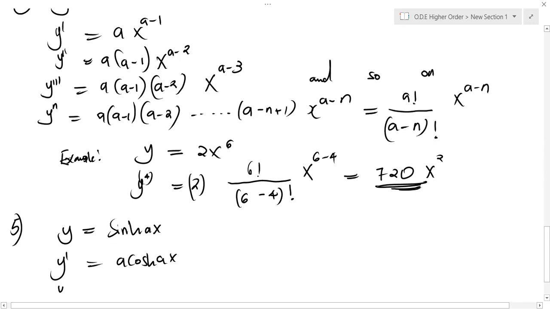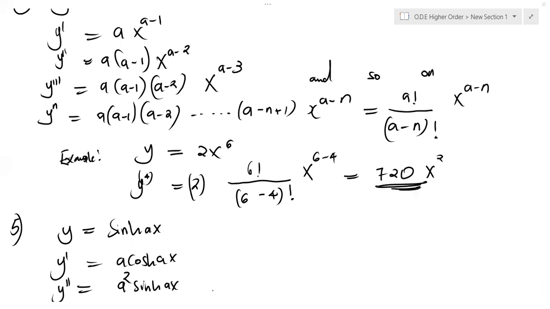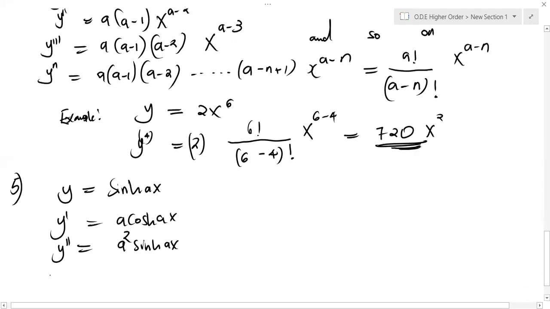Our y double prime will be a squared sine hyperbolic ax, our y third prime will be equal to a cubed cos hyperbolic ax, and so on.